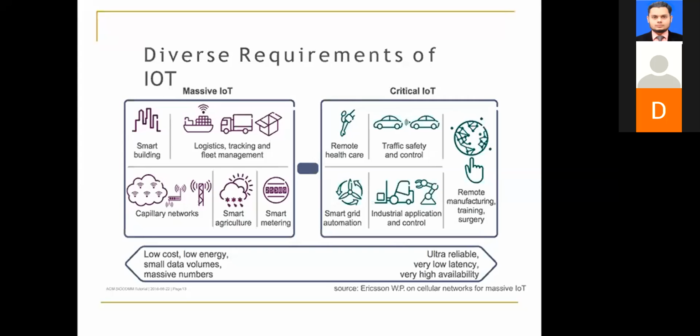On the other hand, massive IoT just requires low cost applications with low energy utilization, small data volume, and massive numbers, as we see in the case of logistics, tracking, smart agriculture, and smart buildings.